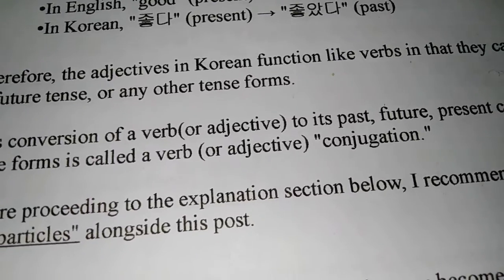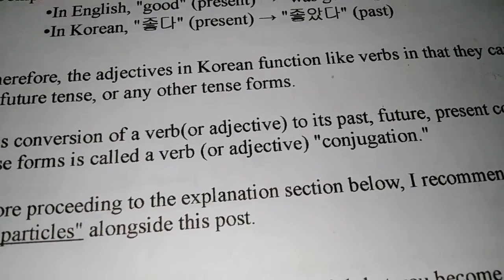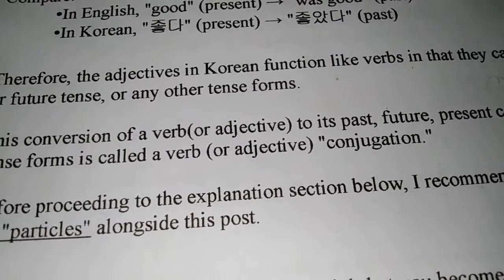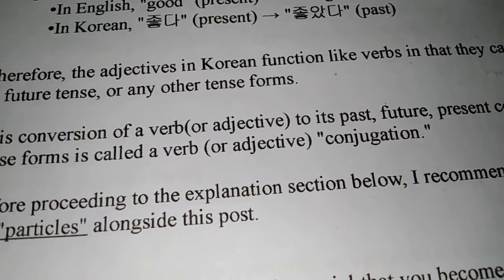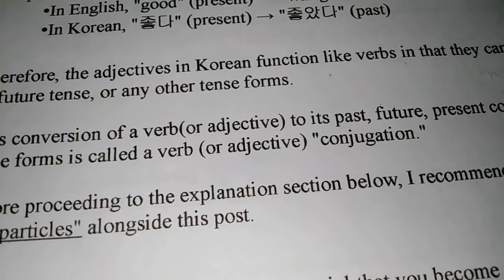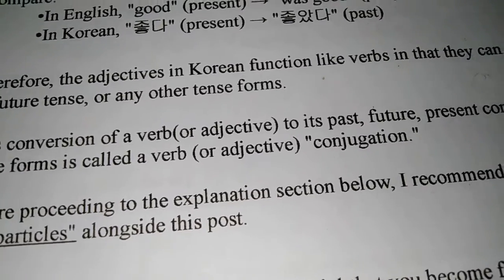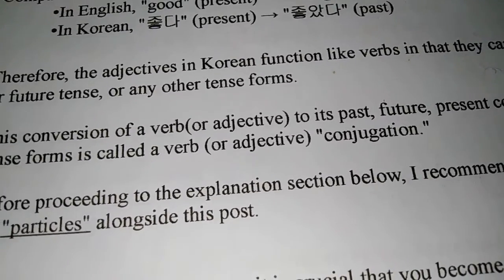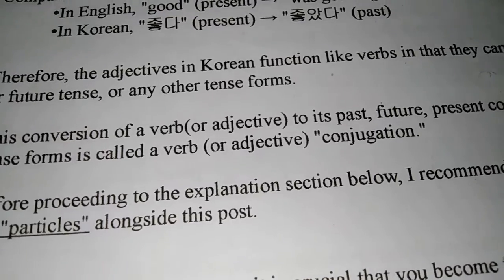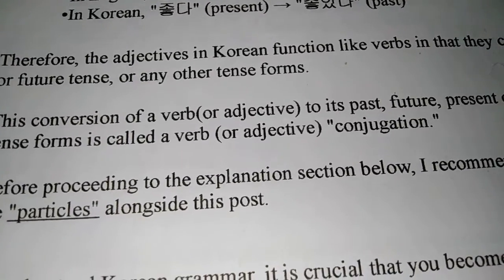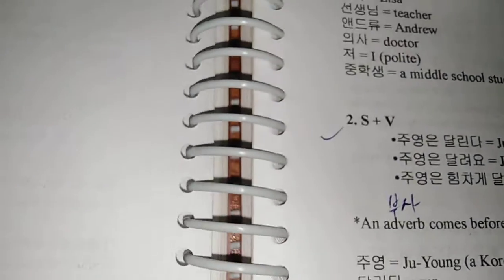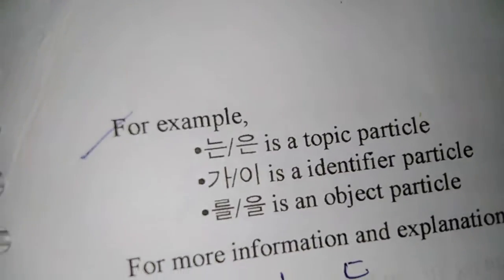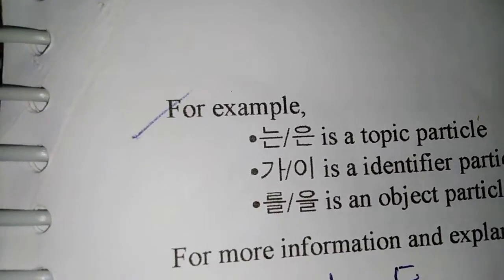you can also find particles, which are like grammar words in English. And those particles, like the ones we would find in English, is, was, are, were. We have a lot of particles like that in English, right? So similar to those, we also have particles in Korean, and they are called subject particles and object particles. Subject particle is divided into two: topic particle and identifier particle.